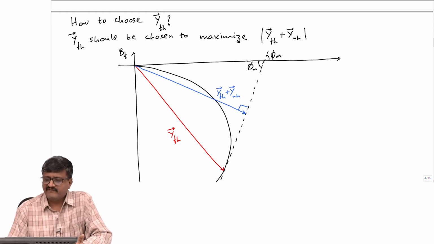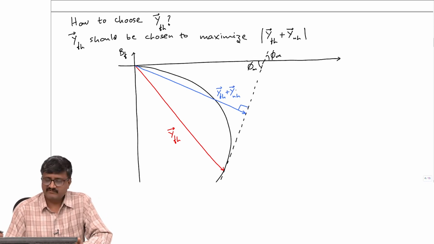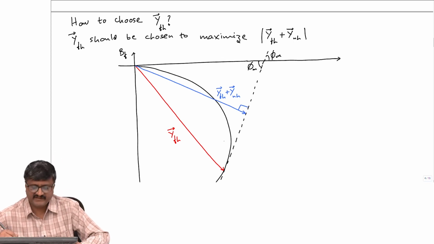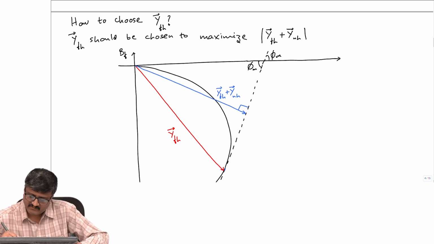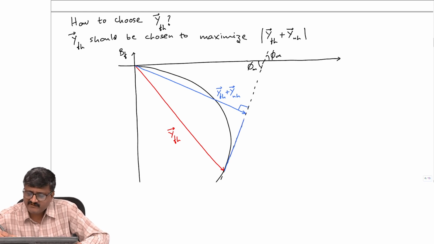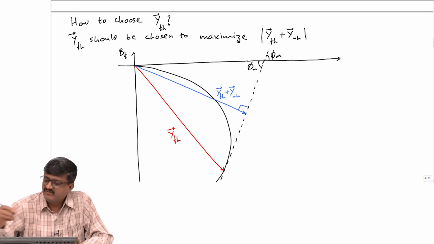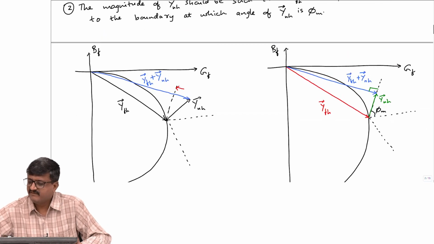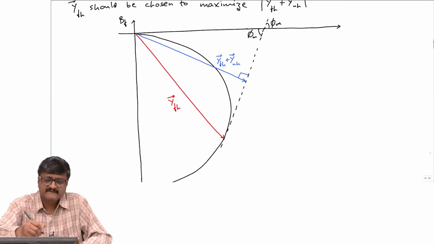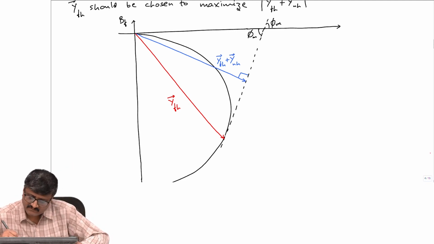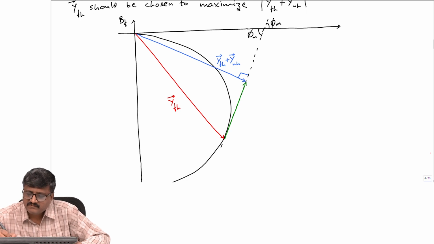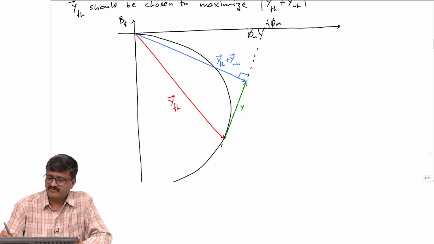So once I know y of h plus y n h and also y of h, I can find easily what is y n h. This is the worst case value of y n h that I am taking, in green. So this is y n h.